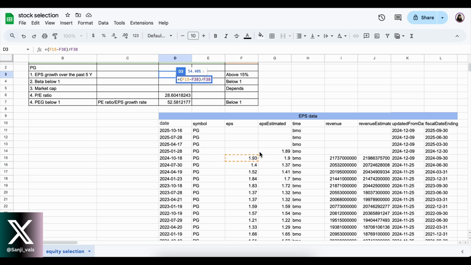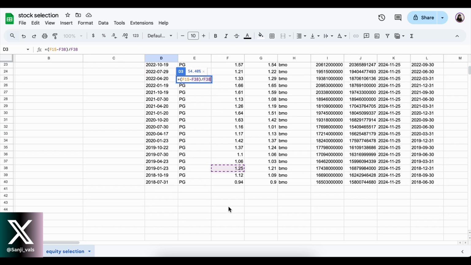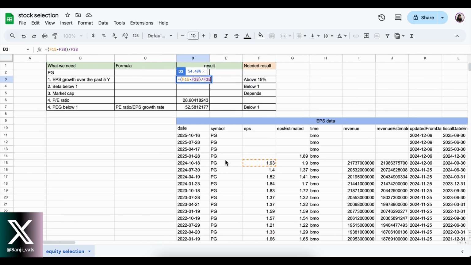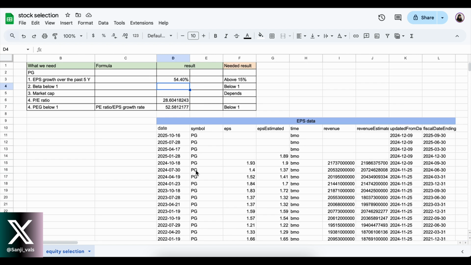So we're taking the last known EPS that the company published, the actual EPS, minus the EPS for the year 2019, which was 125, and divided by 125. You can take even the first year in our observation, minus first year and divided by first year. But in this example, I'm taking 125 to calculate the percentage change over our analyzed period.